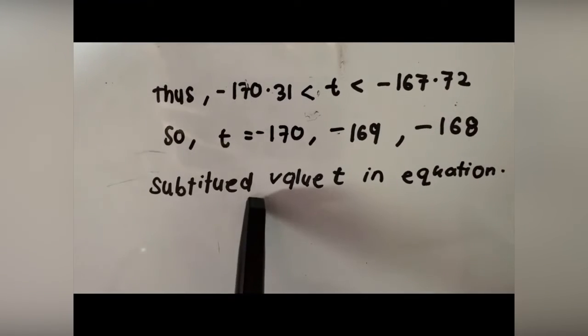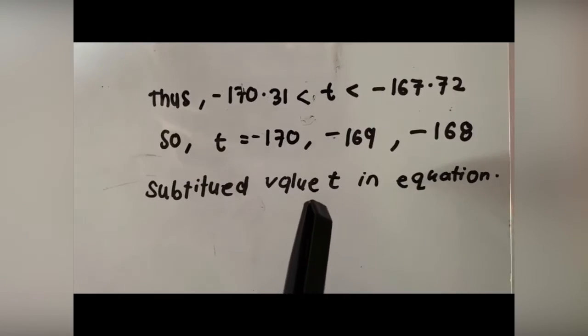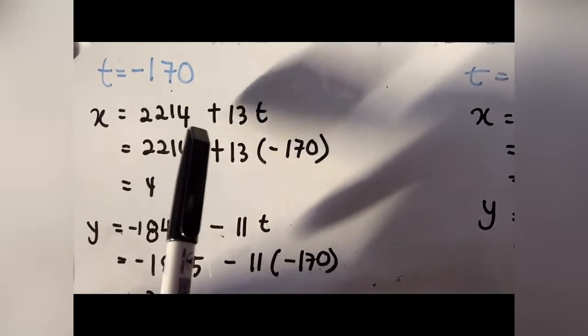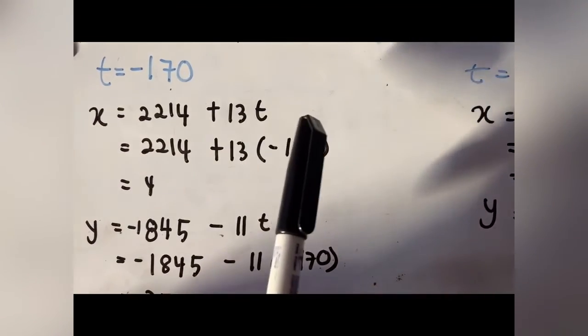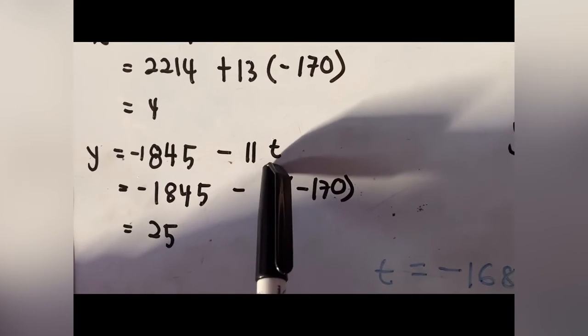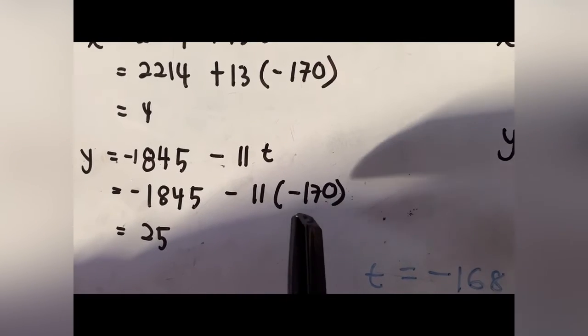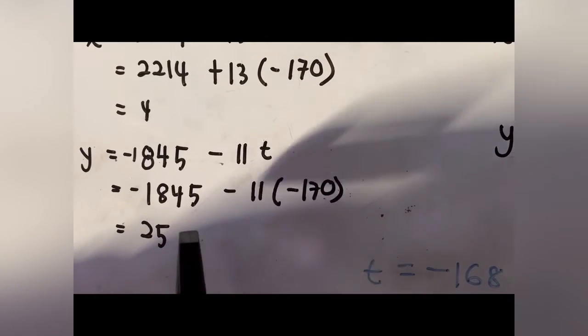So you must substitute the value of T in the equation, to get the values of x and y. Okay, so that's all from me. So that's all for the last step.